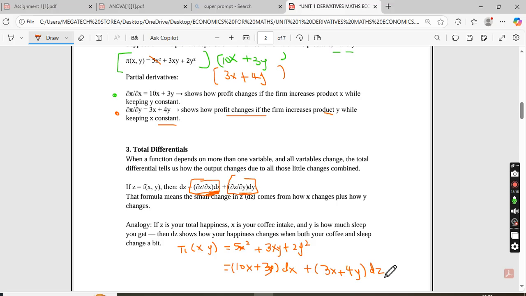The total differential is like a continuation of the partial differentiation. After you have partially derived, you combine them together at the end like this. Any questions before I give you one to try here?